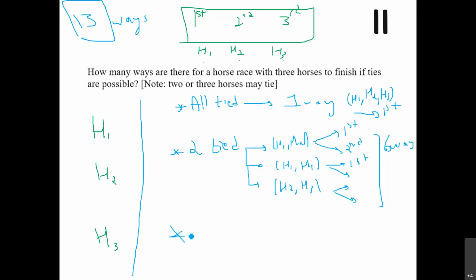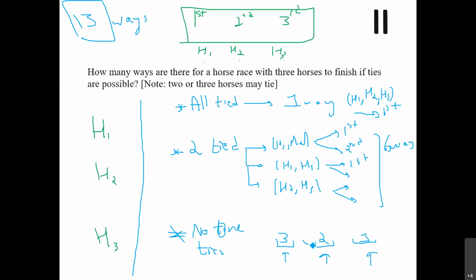Finally, if no one ties, then hey, you just have 3 spots. And like we did before, for the first position, like who finishes in first place, I have 3 possibilities. Then after that, who finishes in second place, I have 2 possibilities. Finally, 1 possibility.